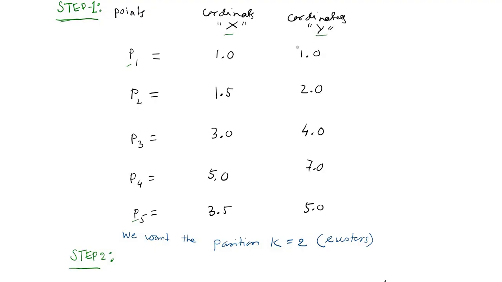P1 is 1, 1, P2 is 1.5, 2, where 2 is the y coordinate, P3 is 3, 4, P4 is 5, 7, and P5 is 3.5, 5. We want to partition the points in the table into k partitions, with k as 2. That means 2 clusters.